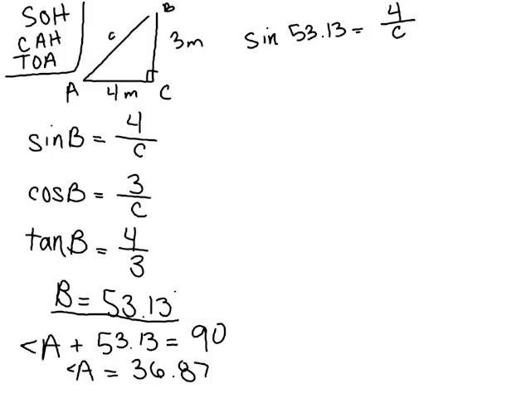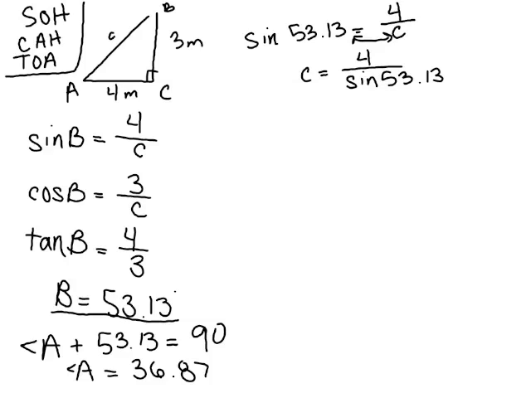The shortcut way is these two switch places. So I rewrite it like this: c equals 4 over the sine of 53.13. If my unknown is in the denominator, I need to switch those places so that it goes to the other side of the equal sign.